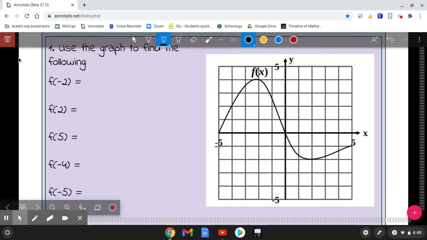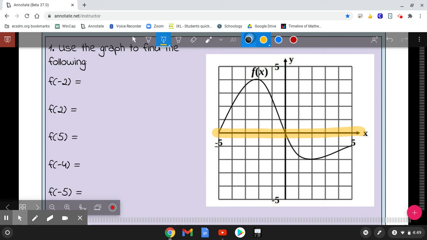So let's try some practice ones here. F of negative 2. So our input is negative 2. I'm going to go to the graph and start at 0, our origin, follow along the x-axis here, go left 2, and then I need to reach my function.